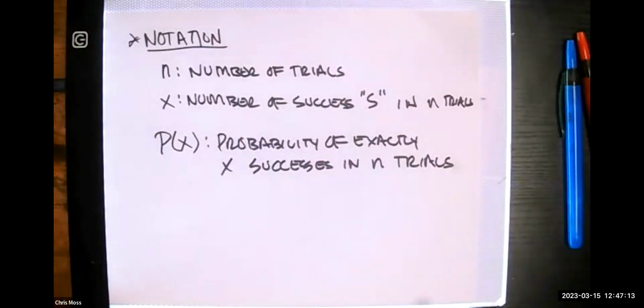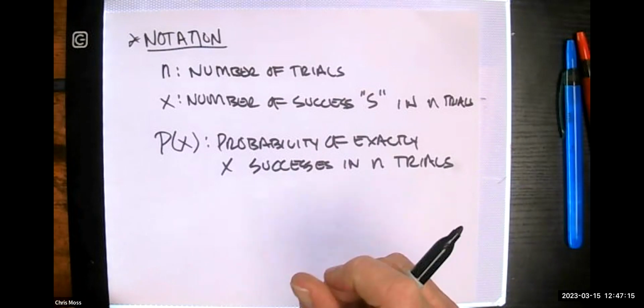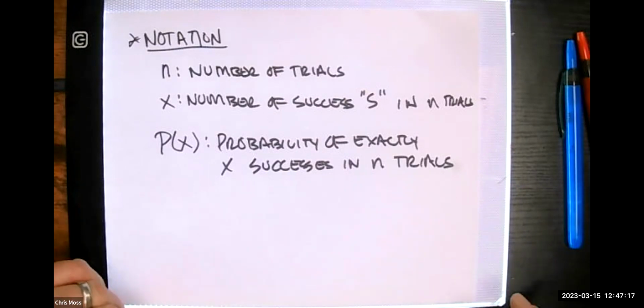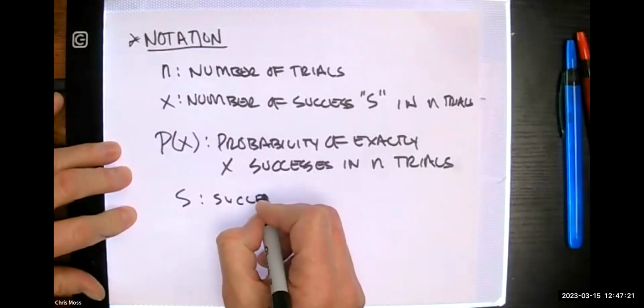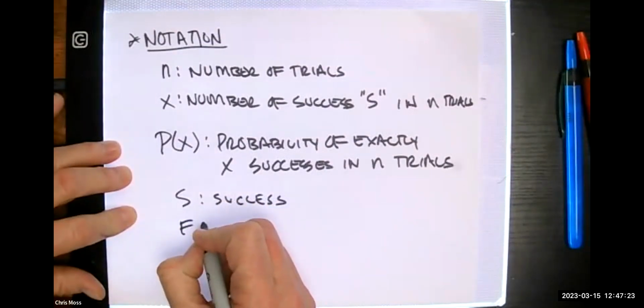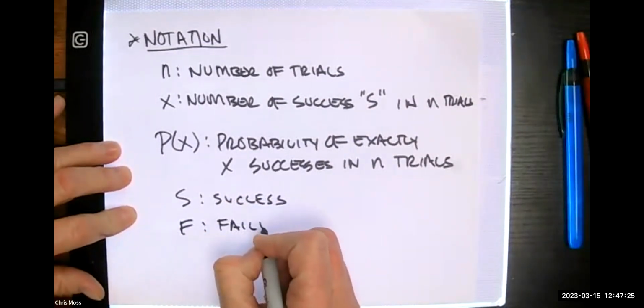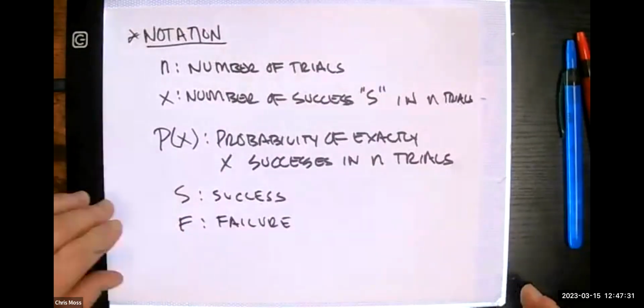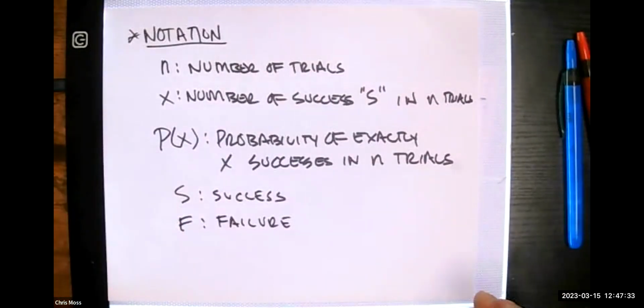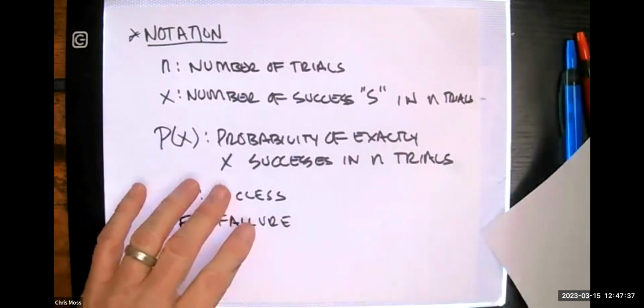So notation, the probability of exactly X successes in N trials. And again, S is the definition of success. F is the definition of failure. All right, so now I'm going to try this in the way opposite of what I usually do, and we're going to see how it goes.